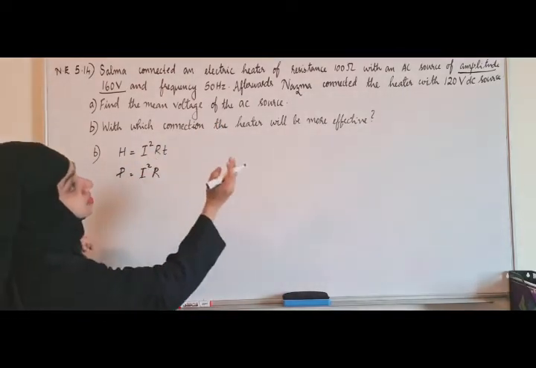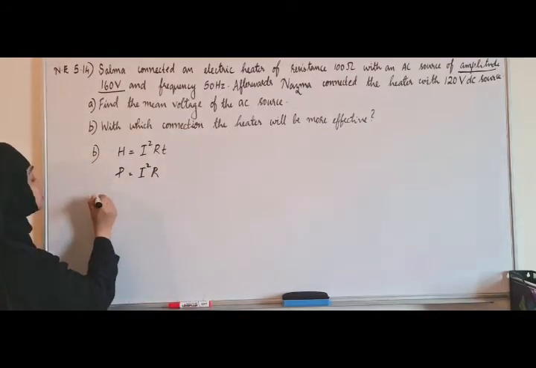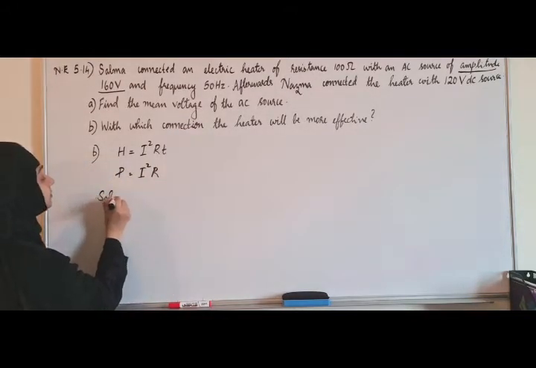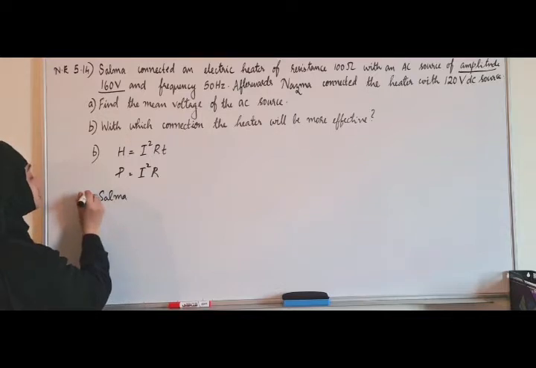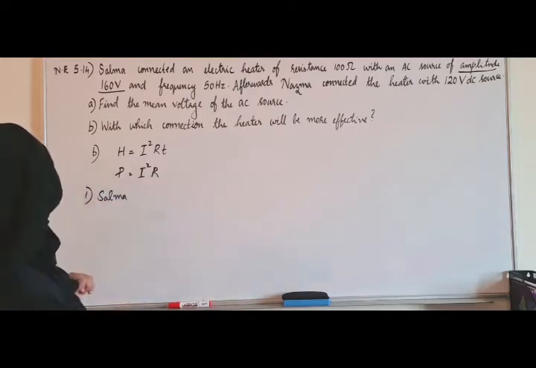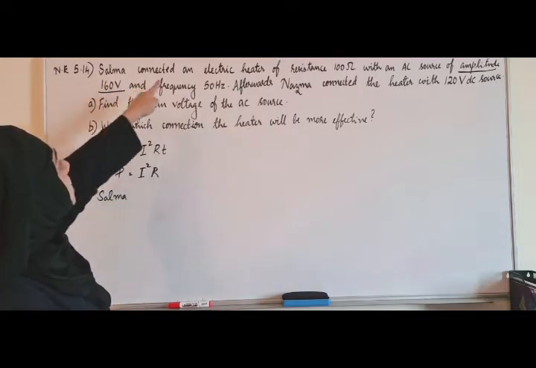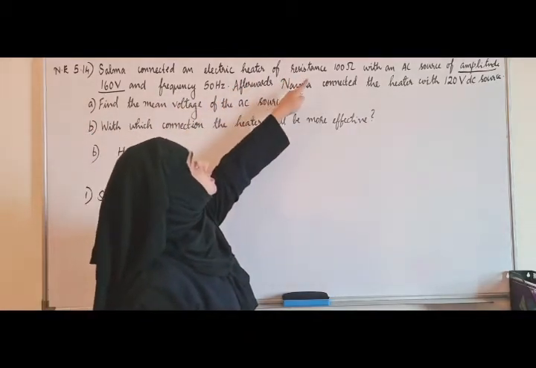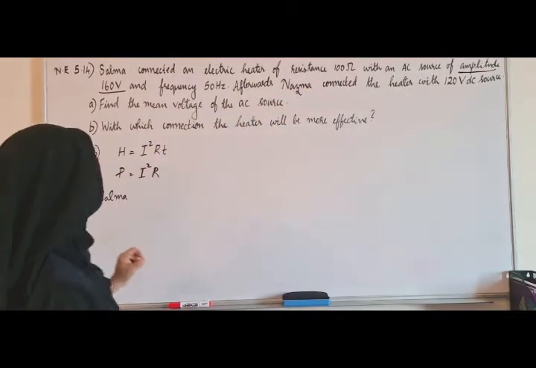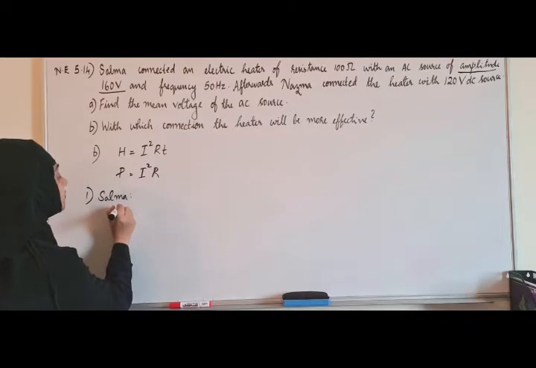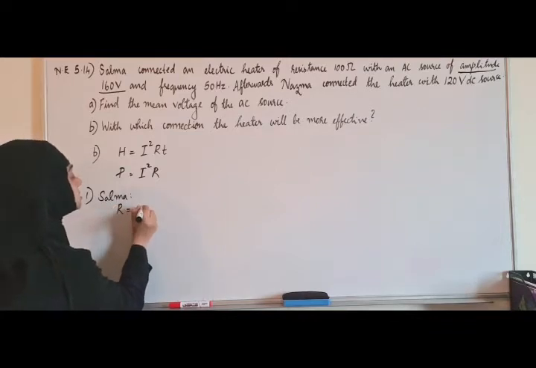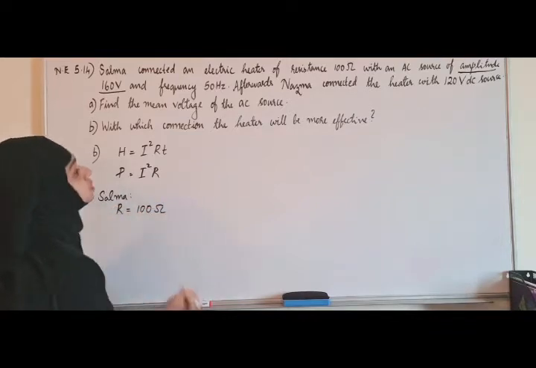Now let us consider each case. First let me consider Salma's case. So case 1, Salma. Salma connected an electric heater of resistance 100 ohms. So they have given resistance R is equal to 100 ohms.